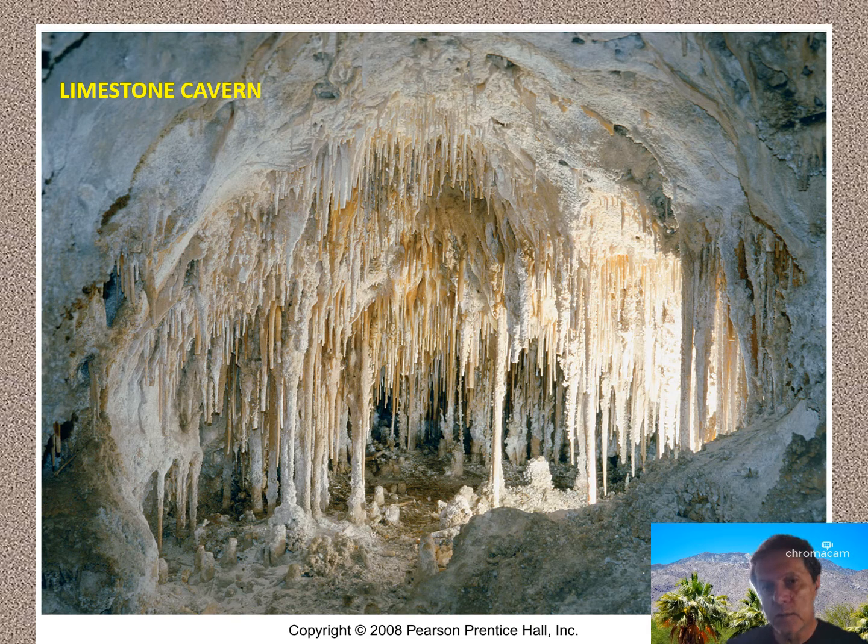A speleothem, S-P-E-L-E-O-T-H-E-M, is a formation caused by dissolving of limestone in an underground cavern setting. Now, the only reason we see this cavern is that the groundwater has drained away and gone somewhere else, leaving the remnants of limestone that have not quite been dissolved.